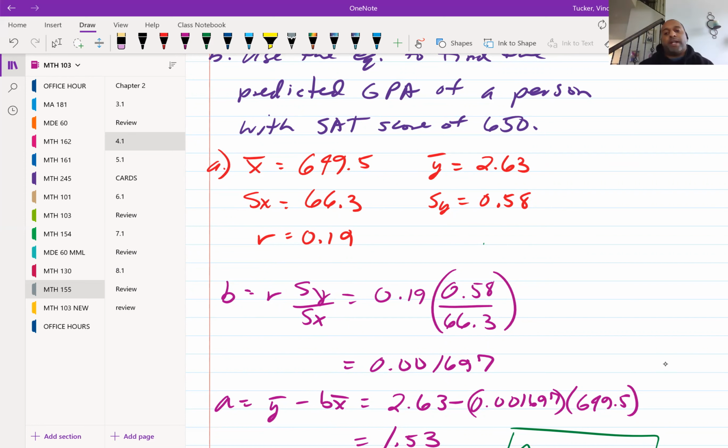So we have 0.19 times 0.58 divided by 66.3. That gives us 0.001697.